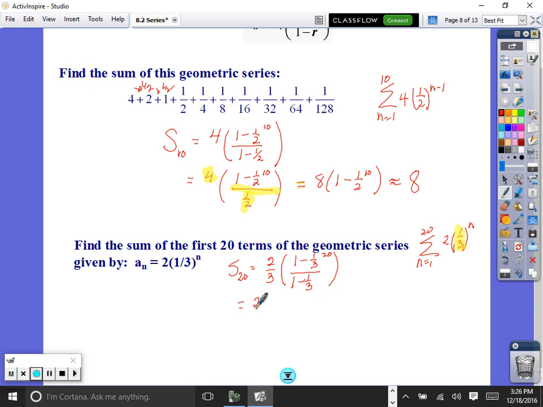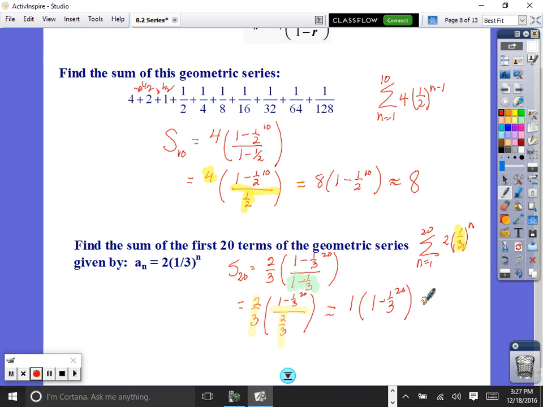And again, I do a little arithmetic. 1 minus 1/3 to the 20th I can't do, but 1 minus 1/3 I can, and that is 2/3. So 2/3 divided by 2/3 is 1. So I get 1 times 1 minus 1/3 to the 20th. Now I pull out my calculator and type in 1 minus 1/3 to the 20th.